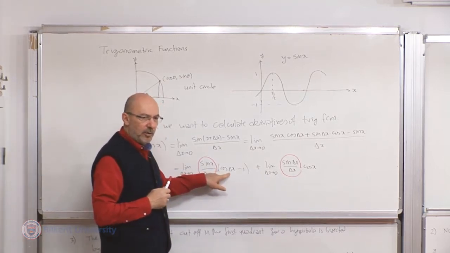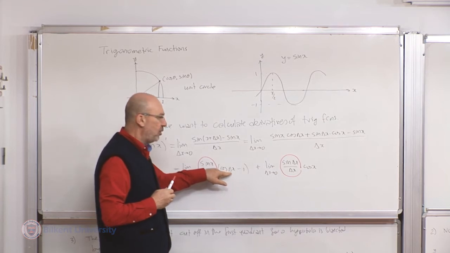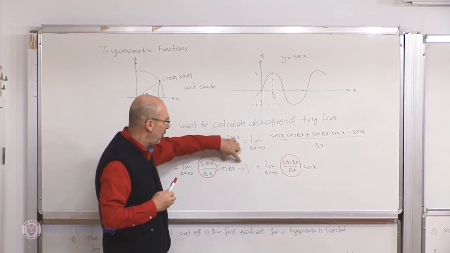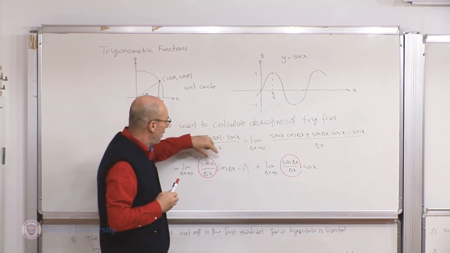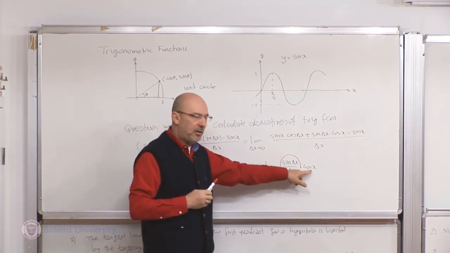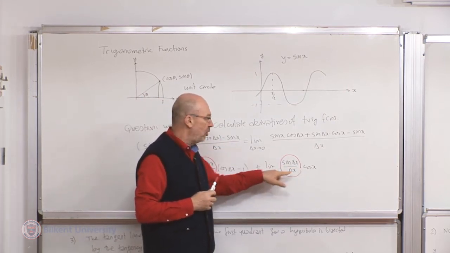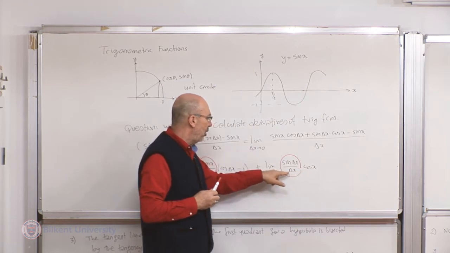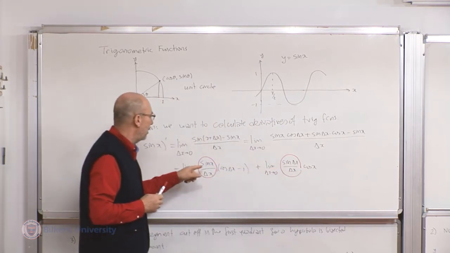I know the limit of this. Cosine is continuous, so cosine 0 is 1, and 1 minus 1 is 0. And here, cosine x is constant when delta x is going to 0, so that is understood. All I have to do is understand this limit.